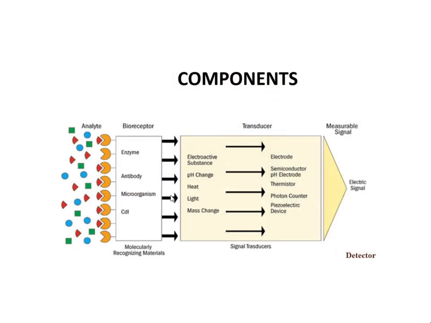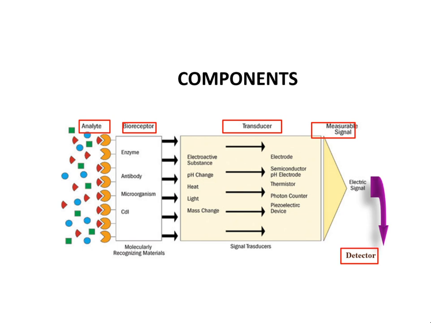And these are the components. There are two types of components: biological components and physical components. Biological components include analytes and bioreceptors, transducers, measurable signal, and these give rise to electrical signals to the detector.